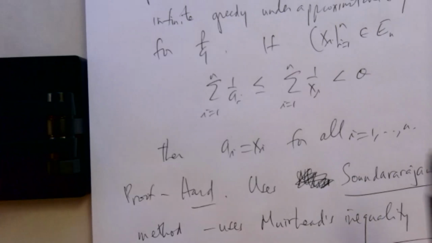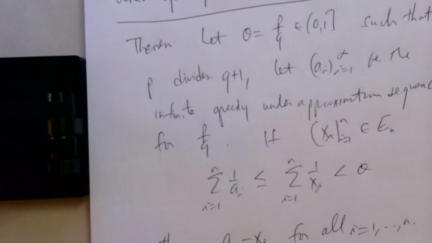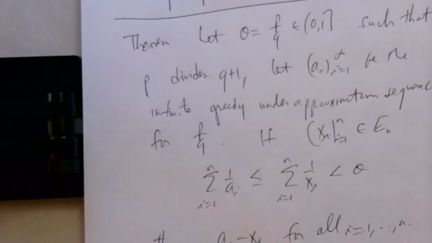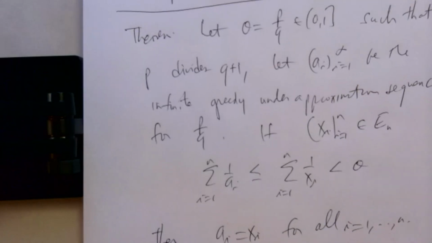So in any case, this gives a class of numbers for which best under approximation comes from the greedy algorithm.